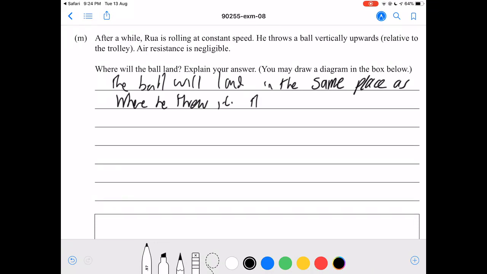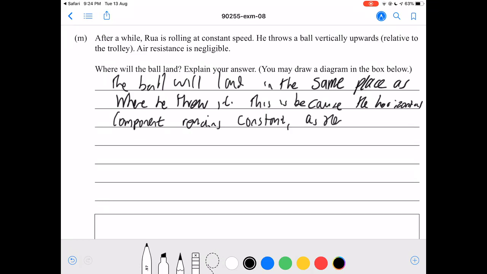Now we explain. We say this is because the horizontal component remains constant as there are no horizontal forces acting.